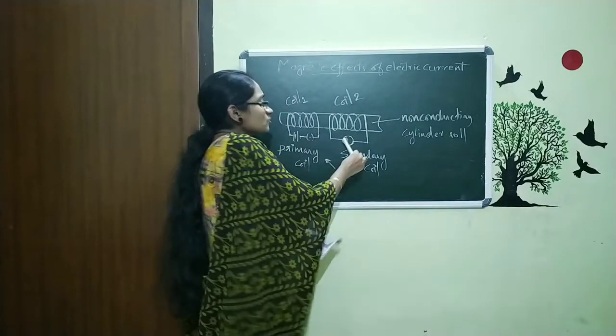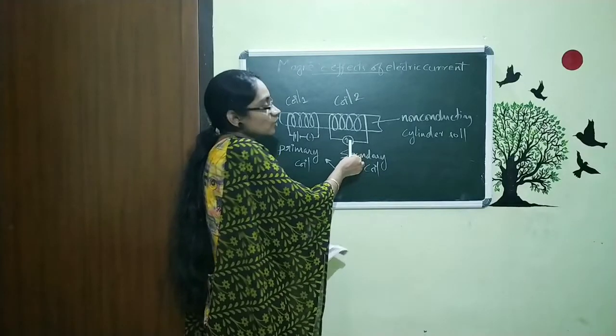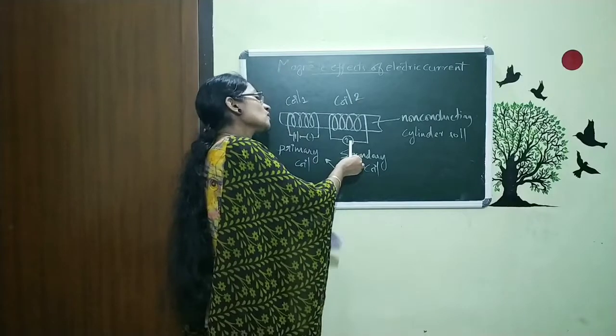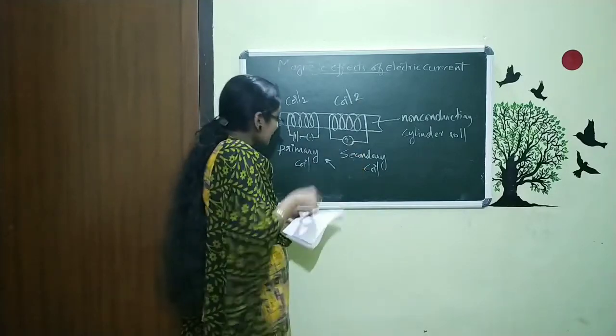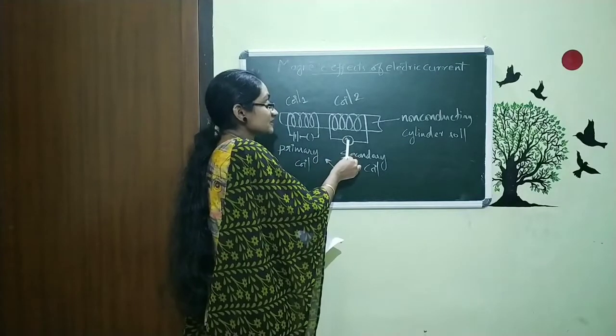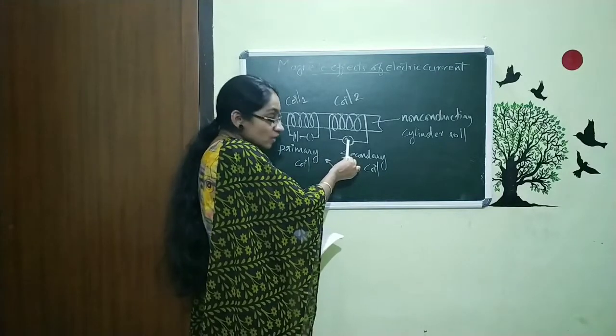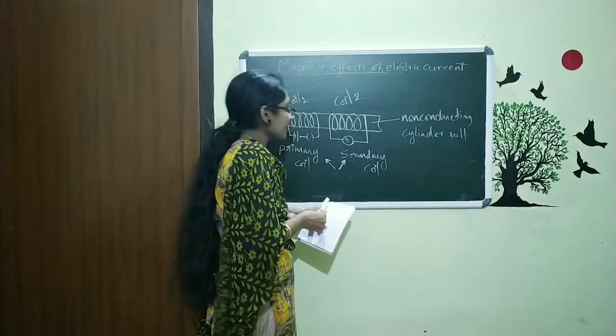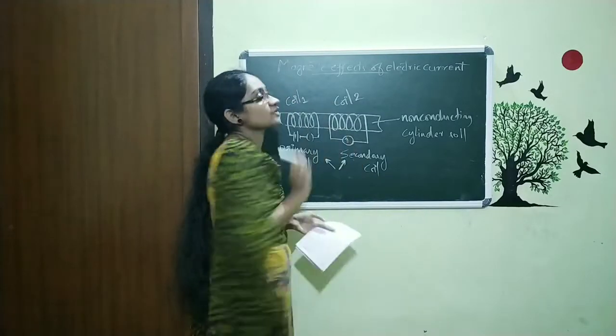It moves to the left side and goes back to the zero position. Now the electricity is flowing, and no change occurs there. Now when I open the key again, you can see a deflection, but this time in the opposite direction. That means the needle will move to this side and then back to the zero position.